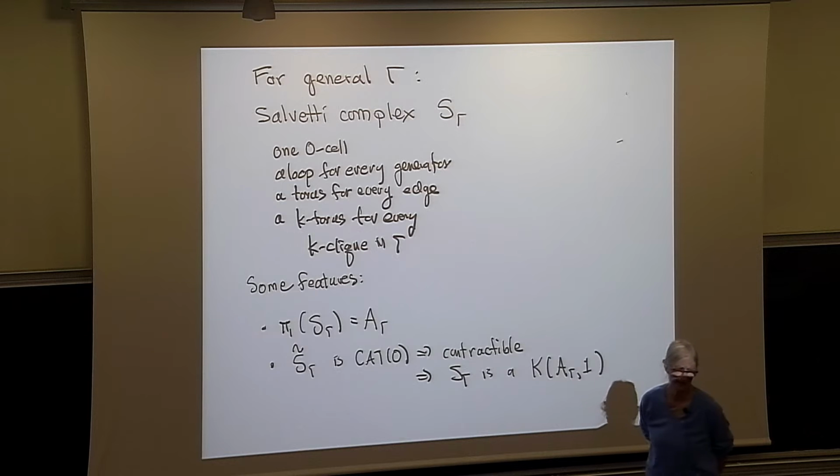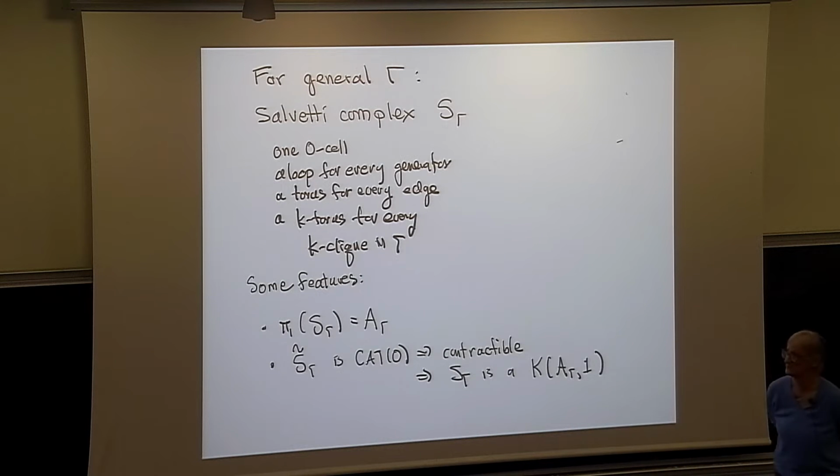And so for that, I need to think about these groups and these subgroups in terms of spaces, complexes. So whenever you have a right-angled Artin group A_Γ, there's a complex associated called the Salvetti complex. So it's got one 0-cell. It's got a loop for every generator.